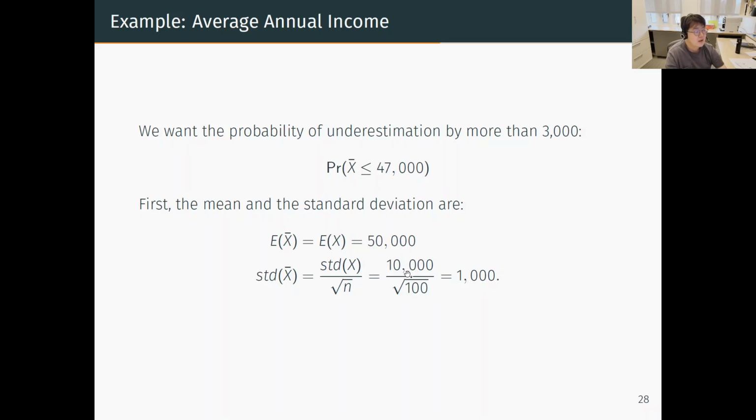Okay? And then, we know everything. We know x bar is normally distributed, with a mean of 50,000 and a standard deviation of 1,000. So based on these three, how can we calculate this? We did a lot of practice on this.